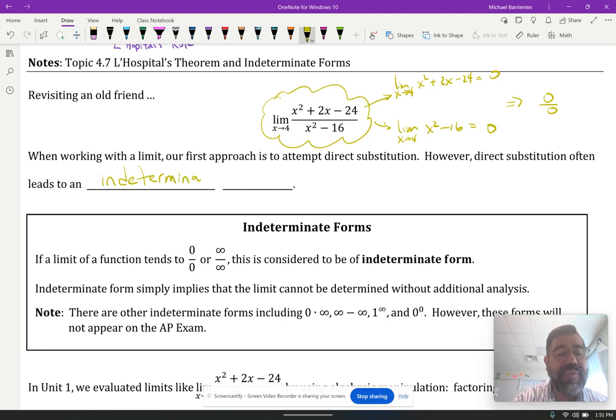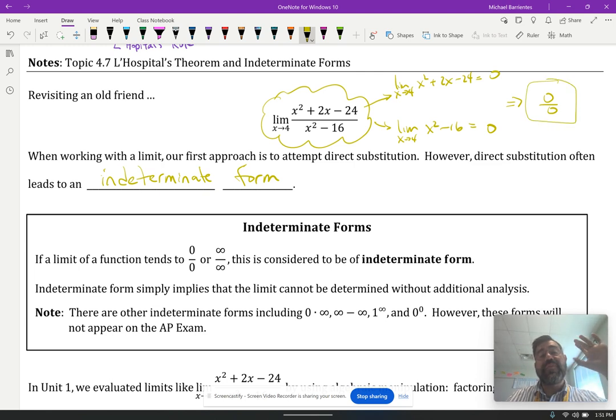The reason it's called an indeterminate form is because I can't determine what's going on. When I have a fraction, if the numerator gets smaller and closer to 0, the value of the fraction gets smaller and smaller. However, if my denominator, whatever I'm dividing by, gets closer to 0, the whole fraction starts to grow.